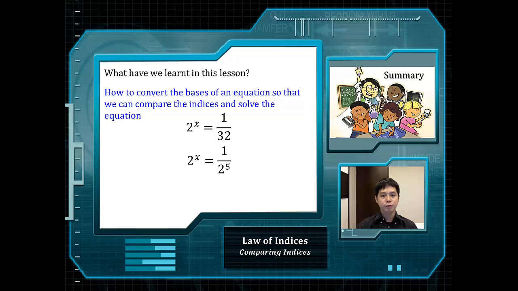On the right hand side, we will have 1 over 2 to the power of 5. Is there a way to change the right hand side to look like the left hand side so that we can compare the indices? Yes, using another law of indices, we can convert the right hand side to 2 to the power of negative 5. Since the bases are now the same, we can compare the indices, and hence x equals negative 5.